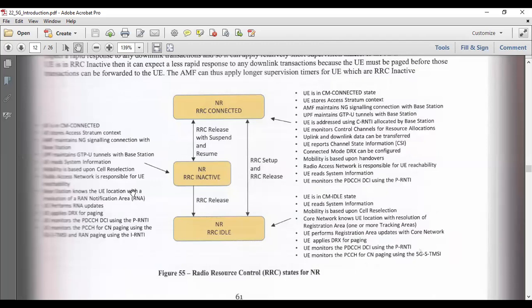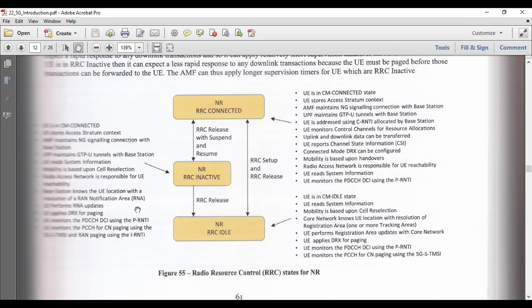Now, in inactive state you still store the context, so you can quickly go back. But you are not continuously connected, so you have to use cell reselection, or a tracking area update like procedure, because you are not updating yourself whenever you change cells.